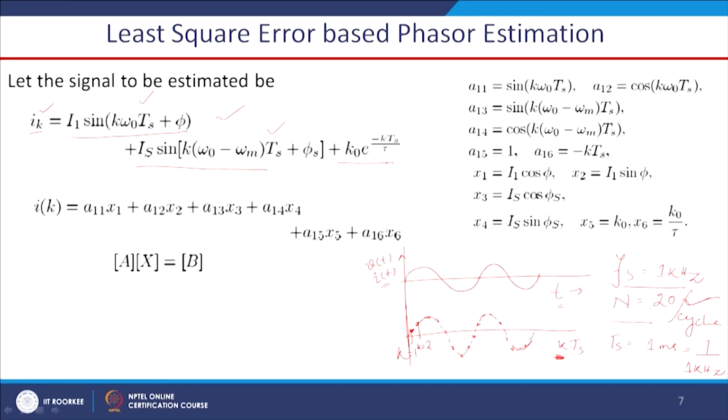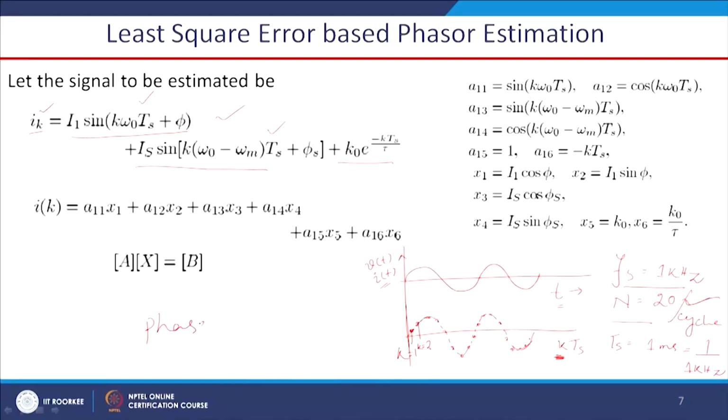Now, I just want to decompose these three terms, so that we can formulate the least error square technique, where we are interested to calculate our unknown values, the unknown phasors.